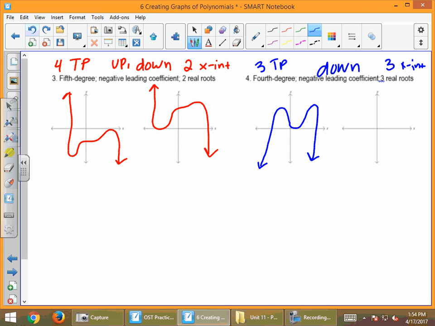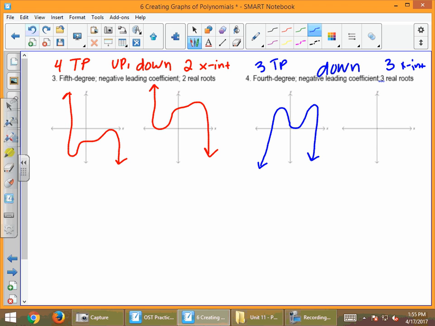That's about the only one I can think of. How do you know if it's just down or up? If it's even, they have to point in the same direction. So if it's positive, both ends are going to point up.